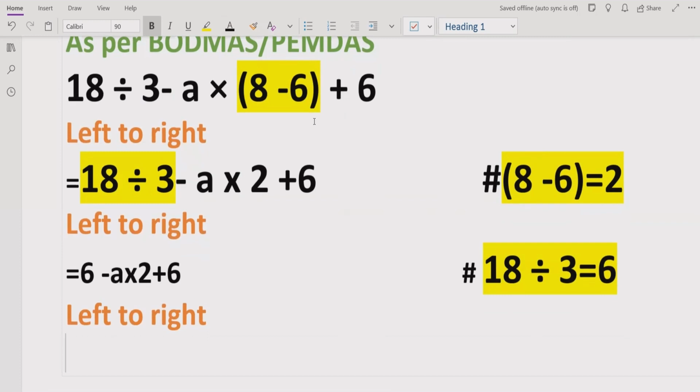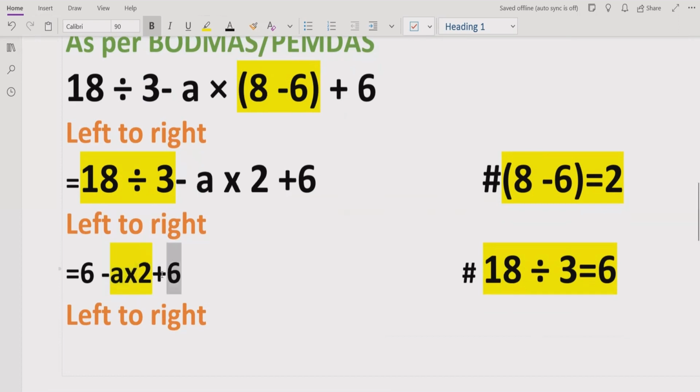But in our expression, we cannot solve this part, because we have the unknown variable a coming with it. We cannot predict what a is, and here we have to find the value of a. So we will not solve this part in that expression.